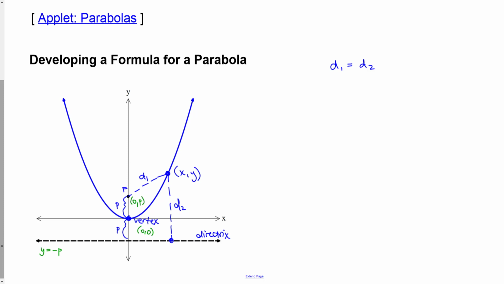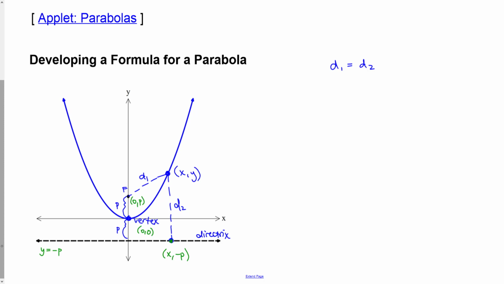And the next thing that I know is this point right here on the directrix. That point right there is a distance over x, and it's on the directrix, so its y value is still negative p. So that locates all the points that I need to work with.